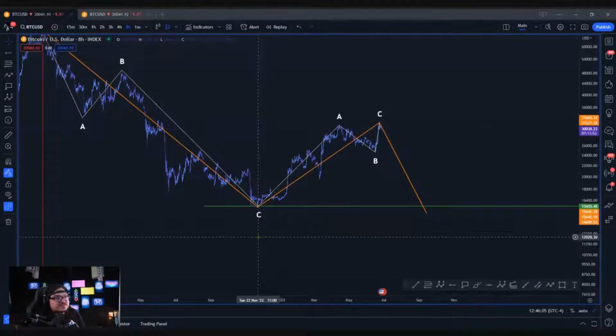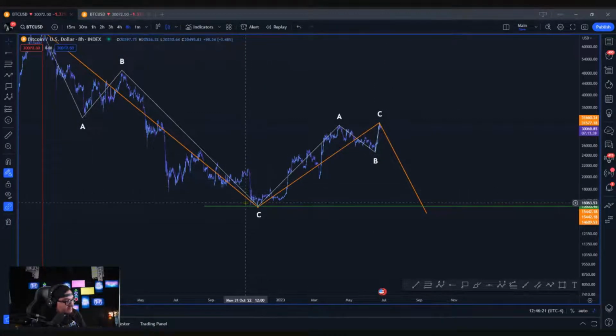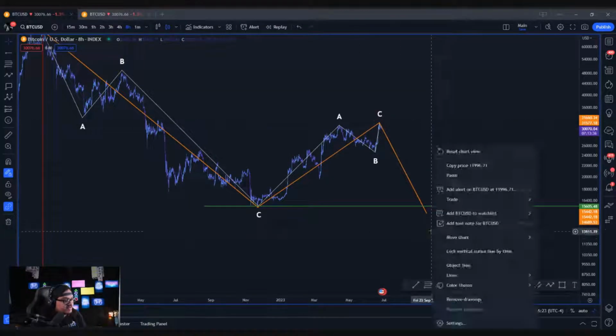Now, to me, this is a worst case scenario. There's other variations we can talk about, but this is something that you guys got to keep in mind of what could be happening. This actual set of waves that we've gotten here could just be a retest of higher resistance levels before actually continuing lower.